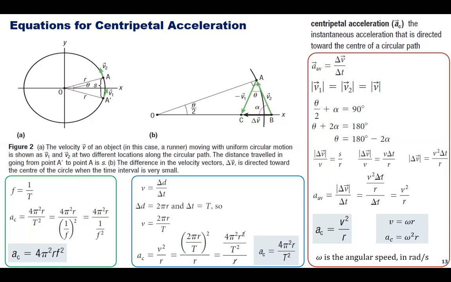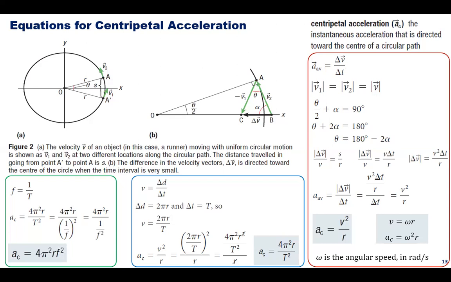Also recall from section 1.4, which we have discussed previously, that the difference in velocity vectors is the same as adding one vector to the negative of the other vector, right? So we can shift vector v2 down so that its head is at point A, which is shown here in figure 2b.